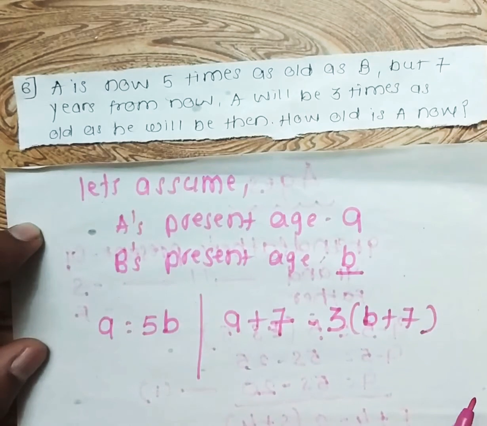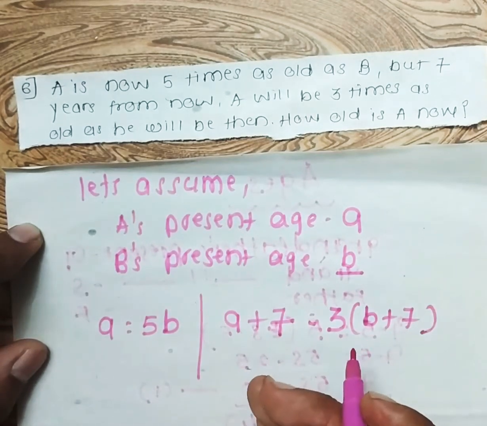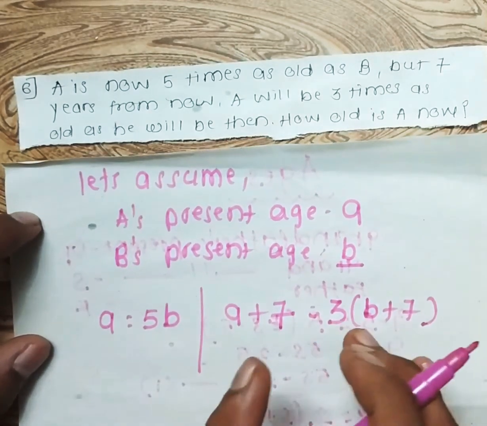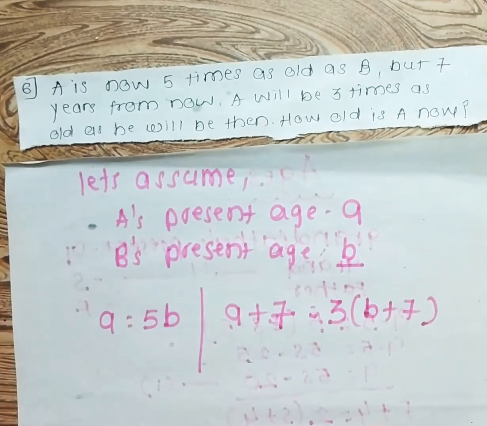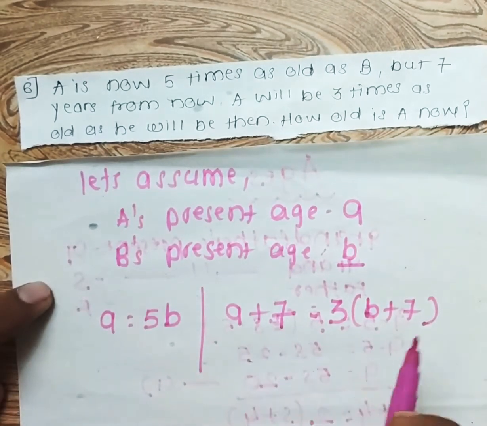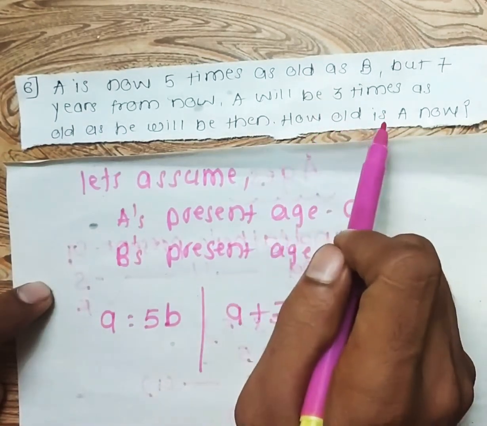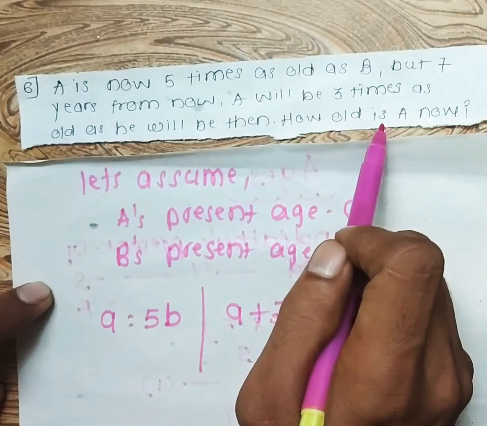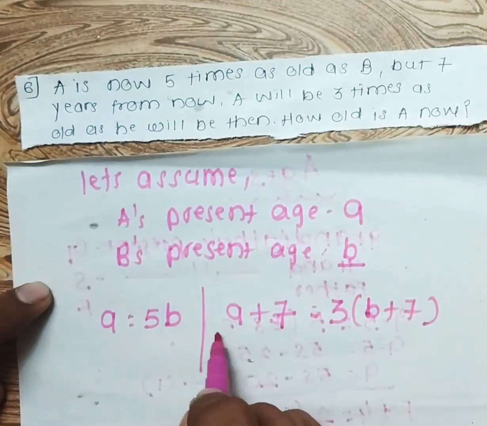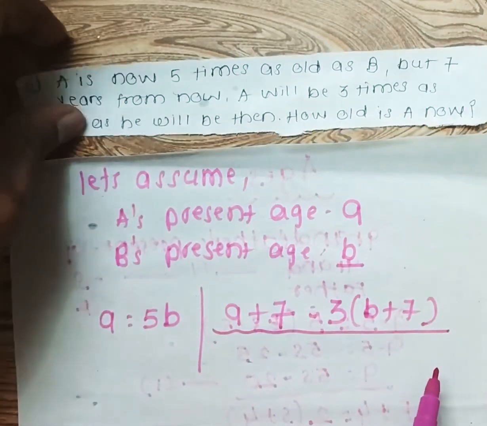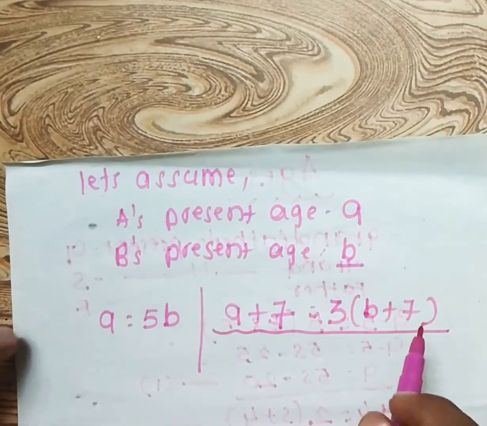So I got this here. Now I can solve these equations. I can put the value of this equation into this equation, and I can easily get the values of A and B. Here we have to calculate the age of A. We just have to solve this equation: A plus 7 is equal to 3 times B plus 7.